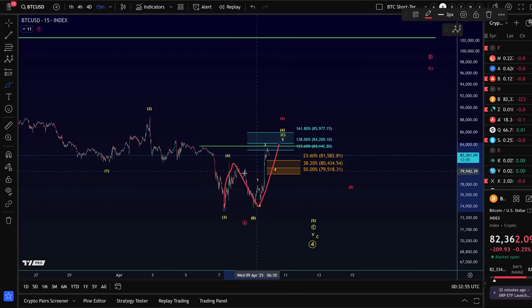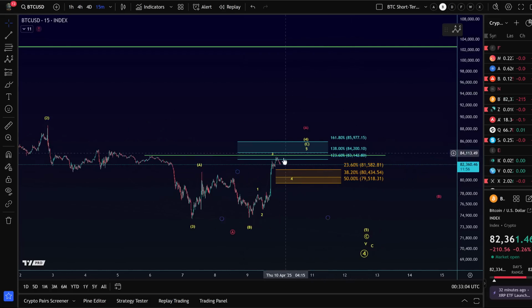So again, that could be an ABC pattern in the yellow wave 4 with one more low to come. That's still valid. And as I said, I tried to prepare you for a wider wave 4. In one of the previous updates I sent through today on our Discord server, probably can't find it now, but I did write that I would not be surprised if the market breaks briefly above the swing high from Monday.